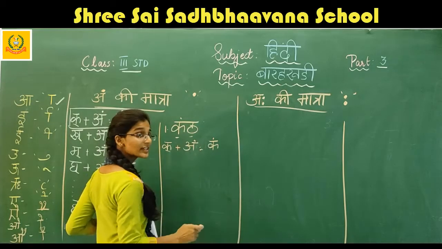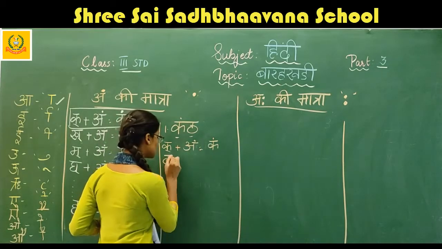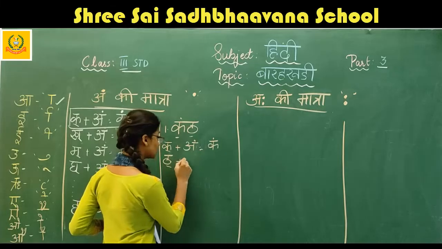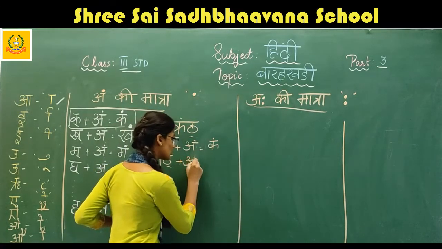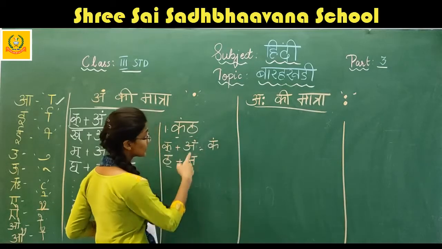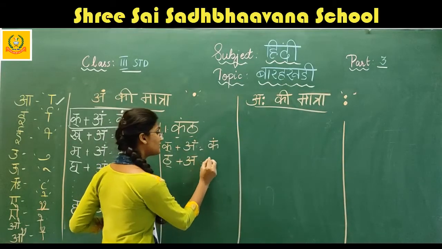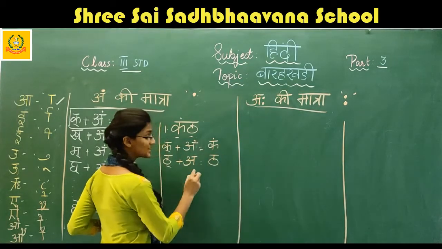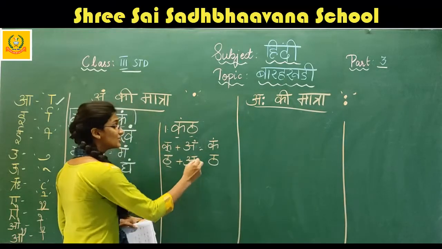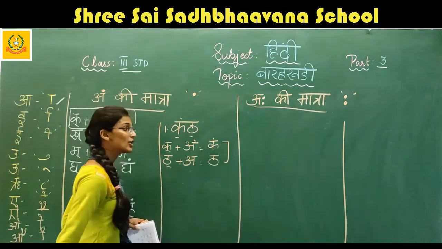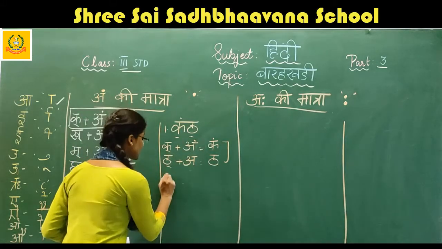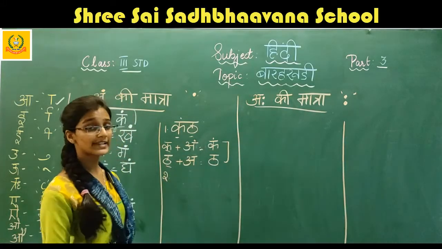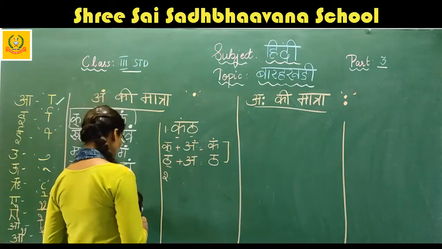Next letter, identify the letter. Ta plus, is there any matra? No. So this is bina matra ke shabd. Ta plus is equal to ta. So when you add all these two letters, you'll be writing kant. Next letter, I will give few more examples. Do yourself, okay?